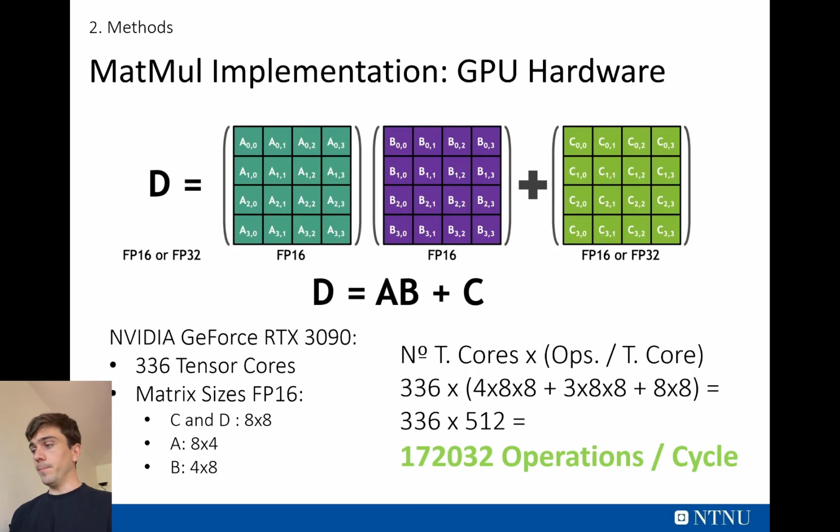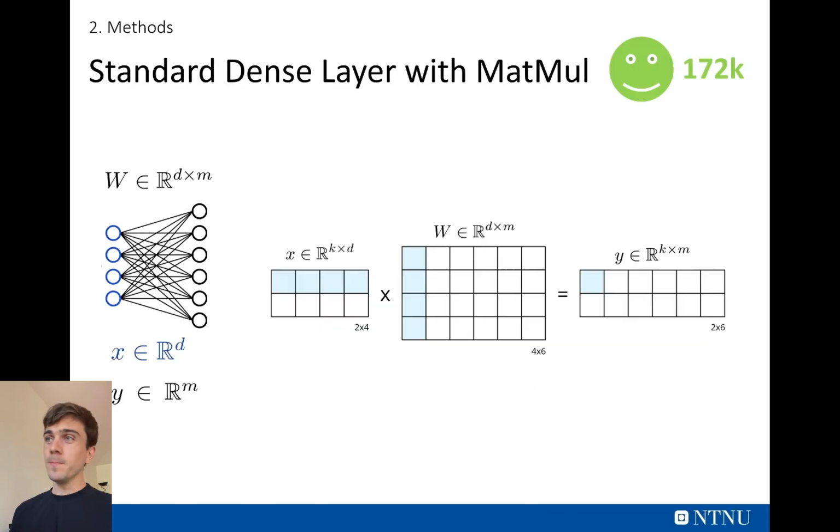So that's what the GPU is capable of doing when using matmul. So for the standard dense layer, we can use this for our matrix multiplications. In theory, we can use 172K operations per cycle, which is pretty good, and the matmul is happy.